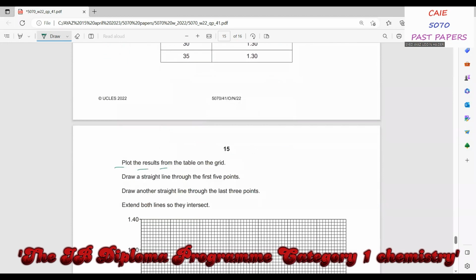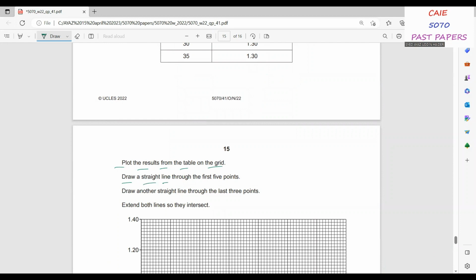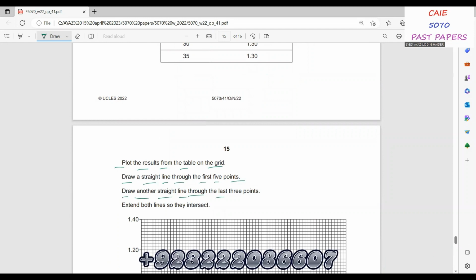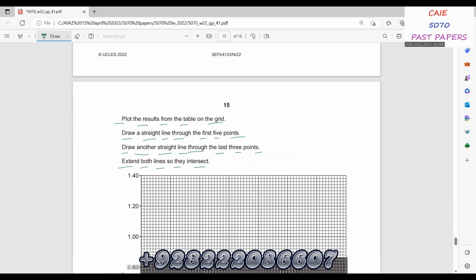Plot the results from the table on the grid. Draw a straight line through the first 5 points. Draw another straight line through the last 3 points. Extend both lines so they intersect.